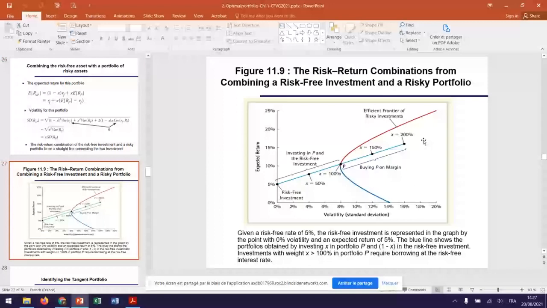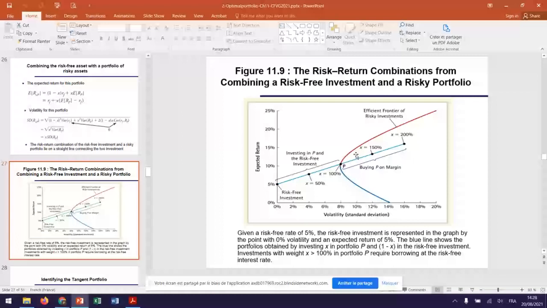However, if you look at the blue line, you can see that at a given level of volatility, you can still find something better in the red zone, isn't it?